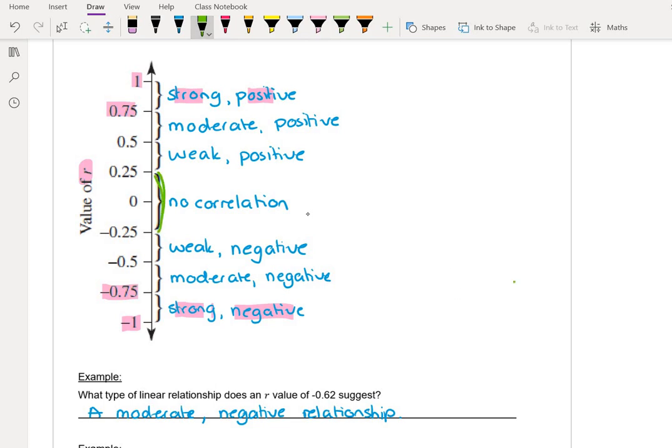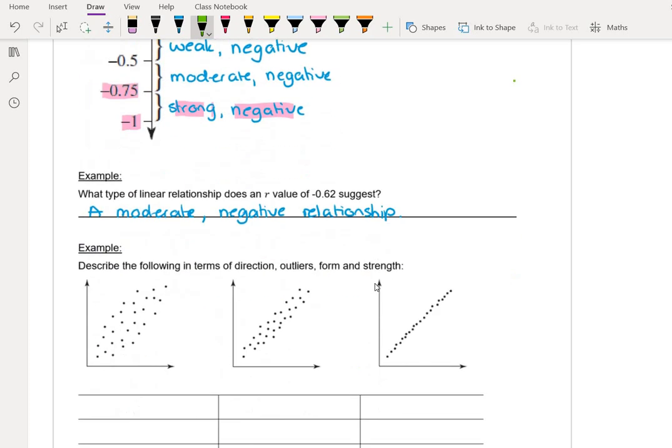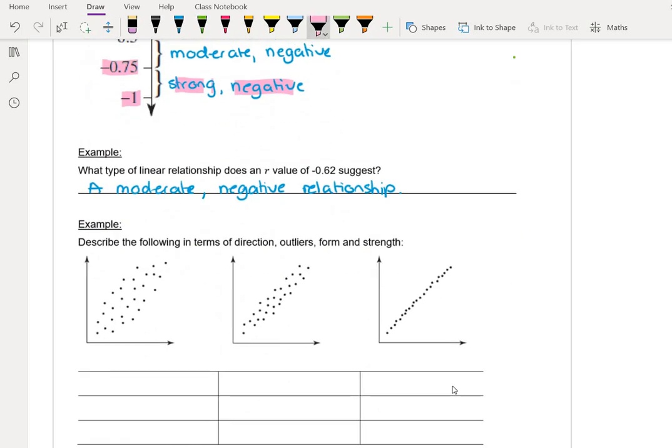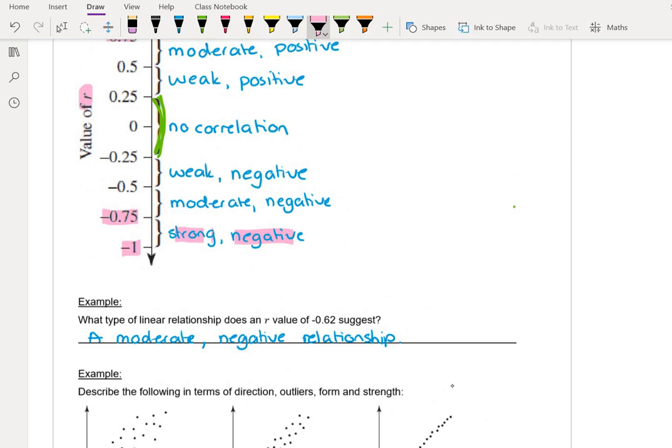And if anything lands between 0 and 0.25 or 0 and -0.25, you can say there's no correlation. So if you're given the R value, let's say it's -0.62, then you are somewhere here, as you can see. So you can describe the relationship as moderate and negative.